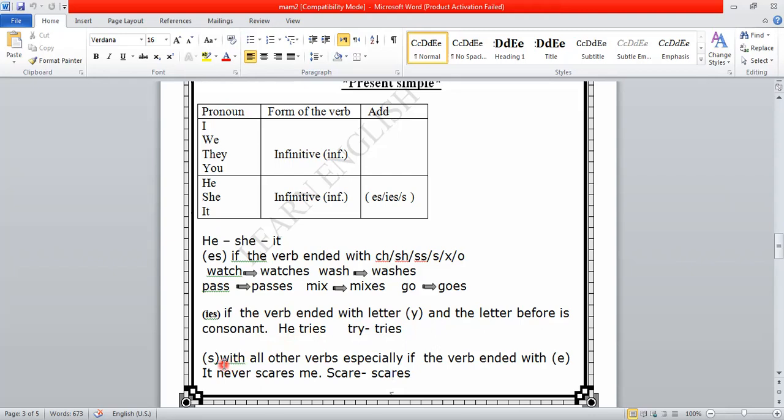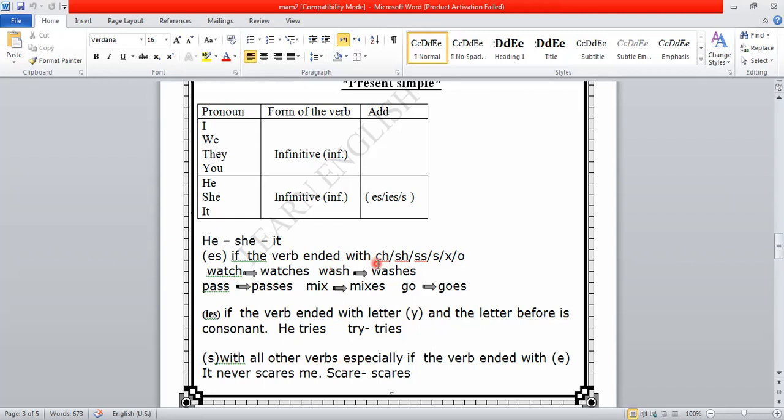The last one is when we add s to the verb with the singular noun. We add s with all other verbs, especially if the verb ends with e.